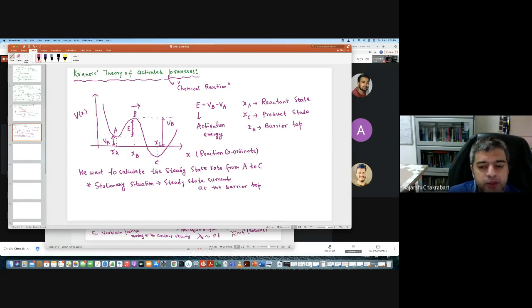Basically, I allow the particle to equilibrate around this reactant well.